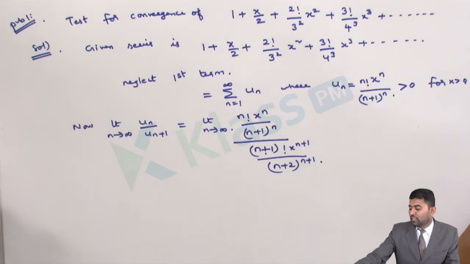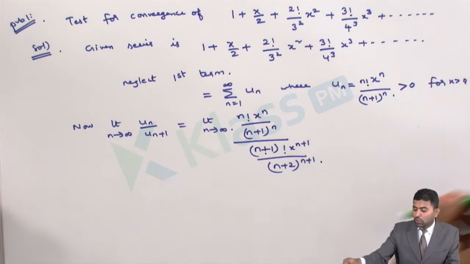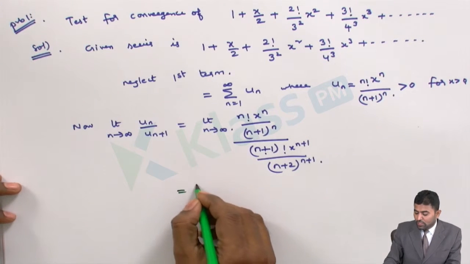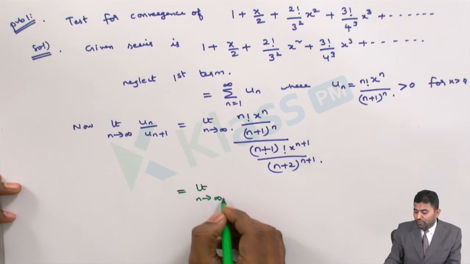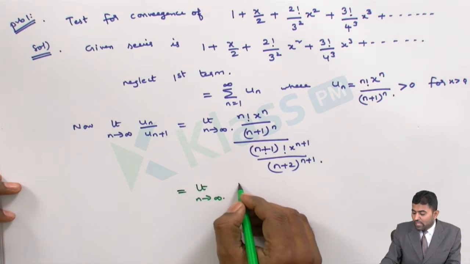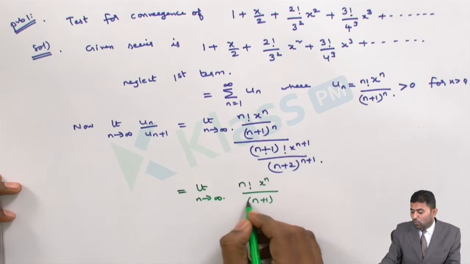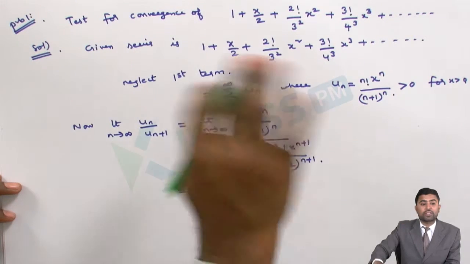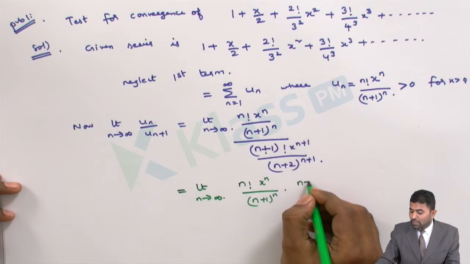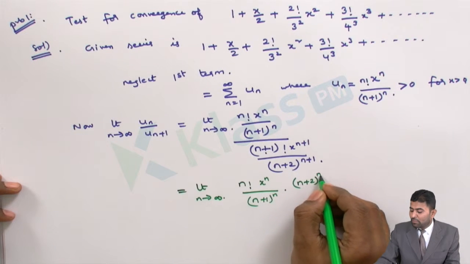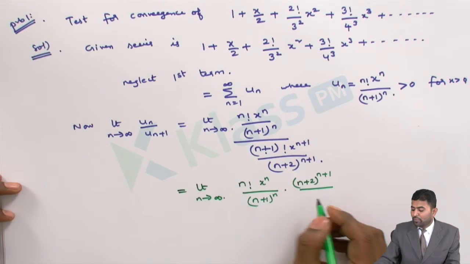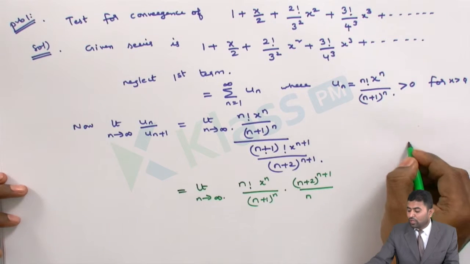So rearranging the terms and cancelling, what will we get? This is equal to limit n tends to infinity, n factorial x power n by n plus 1 whole power n into, reverse it, so we'll get n plus 2 whole power n plus 1 by n plus 1 factorial.